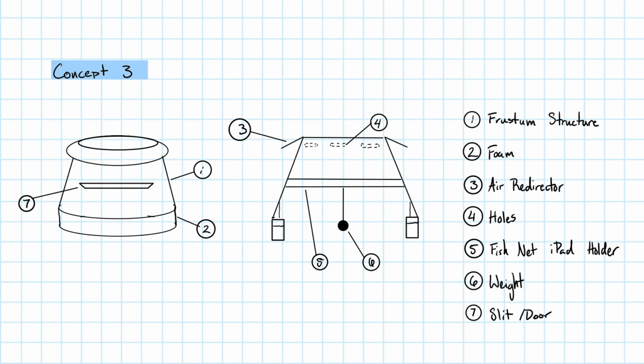Instead of having a parachute, we would have another way to slow the fall, which would be a kind of roof that is slightly spaced from the top of the frustum and has edges that go at an angle downward. That way it would be redirecting the airflow and slowing the rate of the fall.